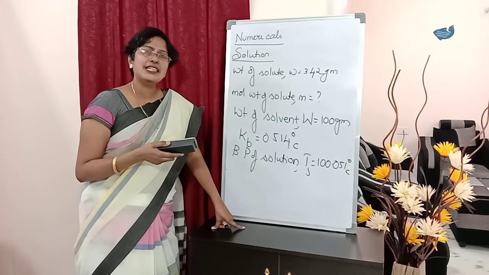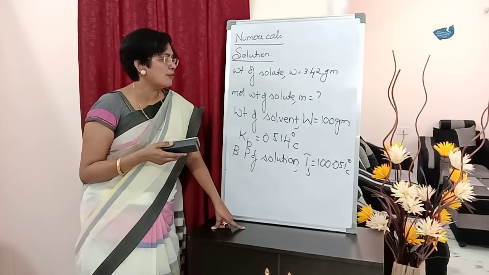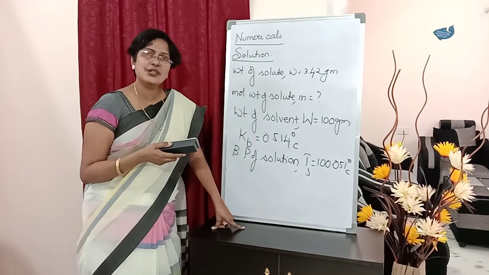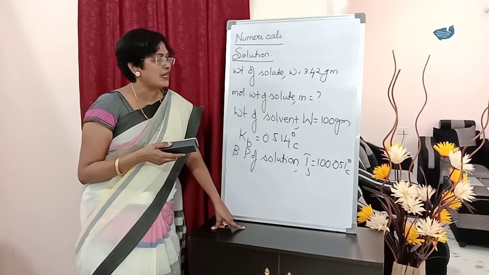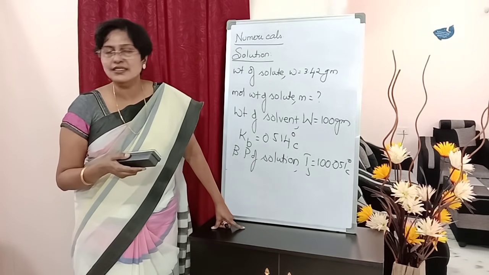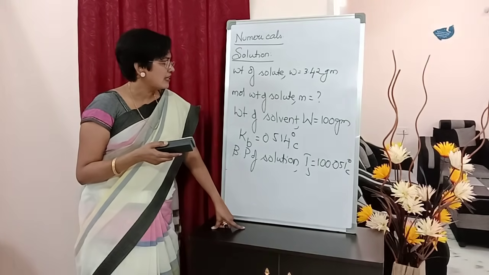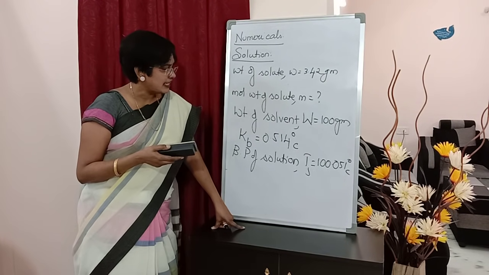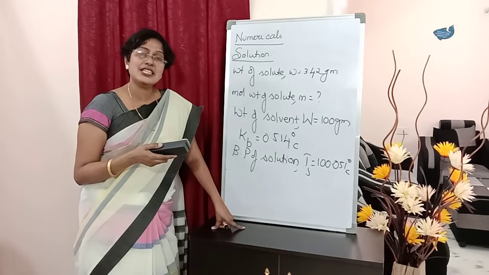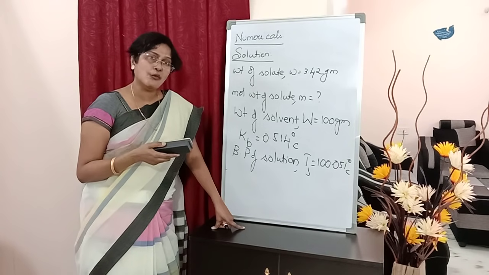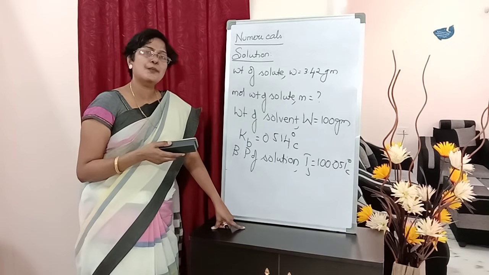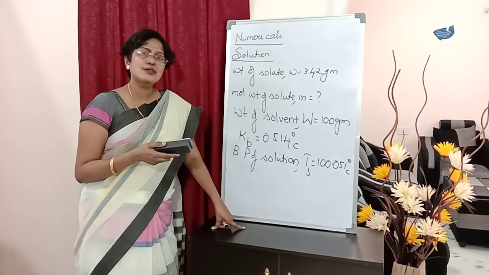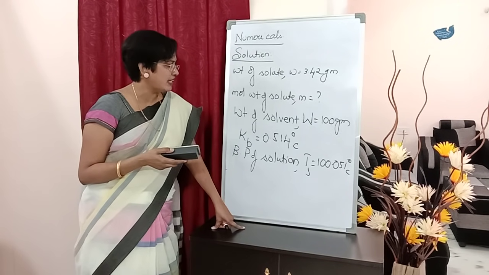Next, the weight of solvent, denoted by capital W, is given as 100 grams. Next, the molar elevation constant of water, denoted by Kb, is 0.514 degrees centigrade.